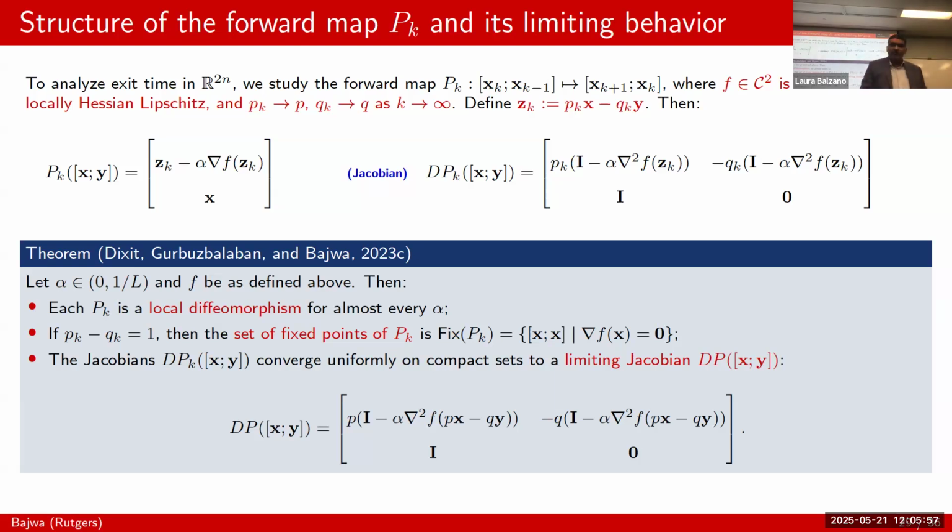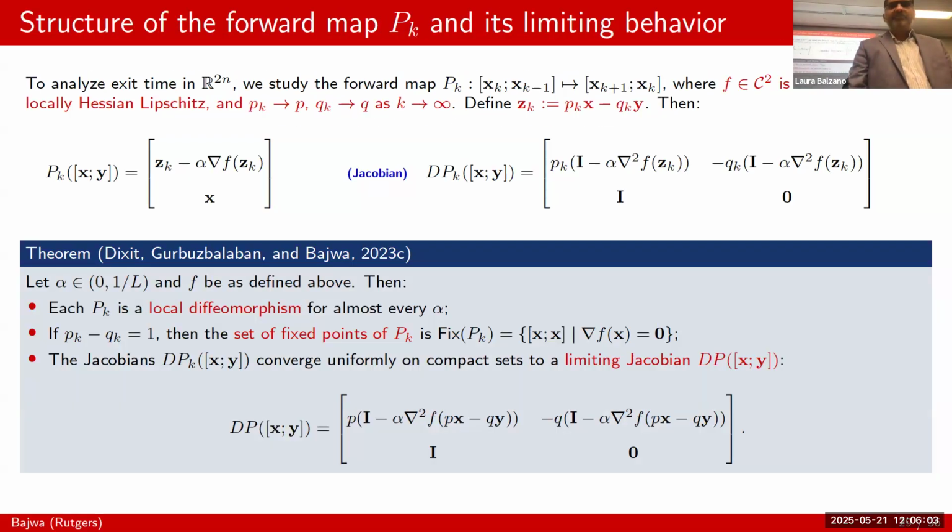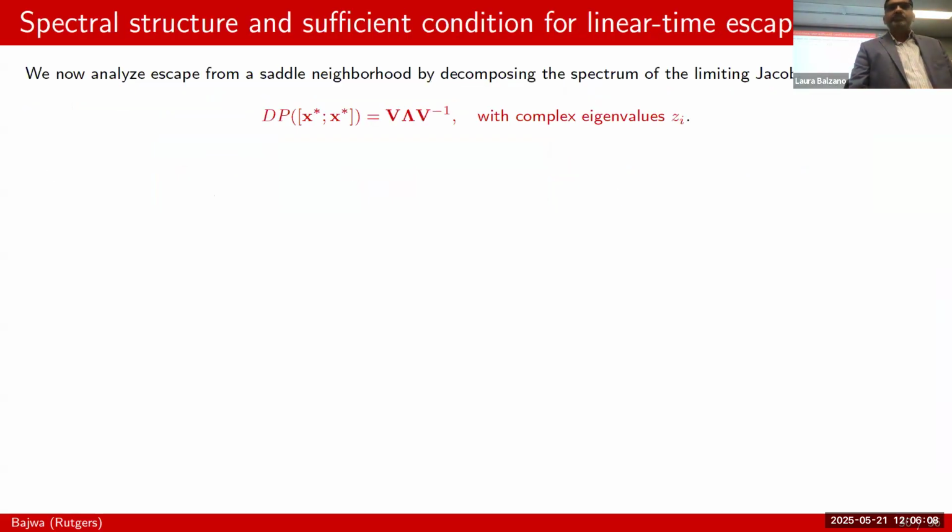So it has this form. And since the Jacobian has this form, it's of course non-symmetric, so I can do its eigen decomposition. If the limiting Jacobian is a defective matrix, we can still do it, but right now assume that it's not defective. You have an eigen decomposition.